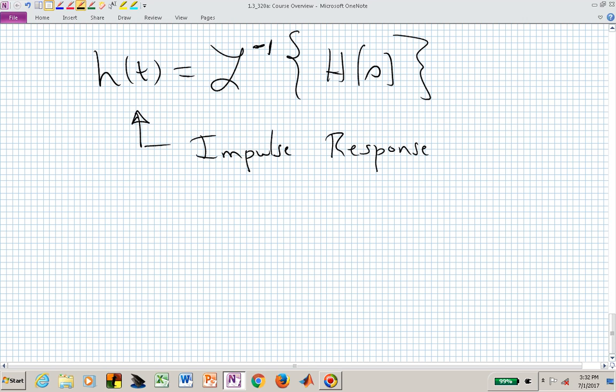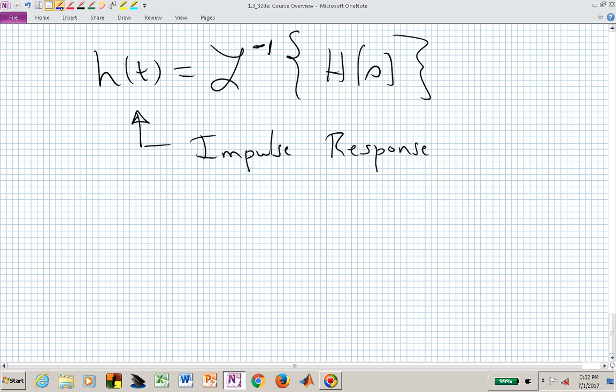All of that will allow us to become more comfortable with this connection between the time domain description of our system, the impulse response, and the frequency domain description, which is this transfer function.